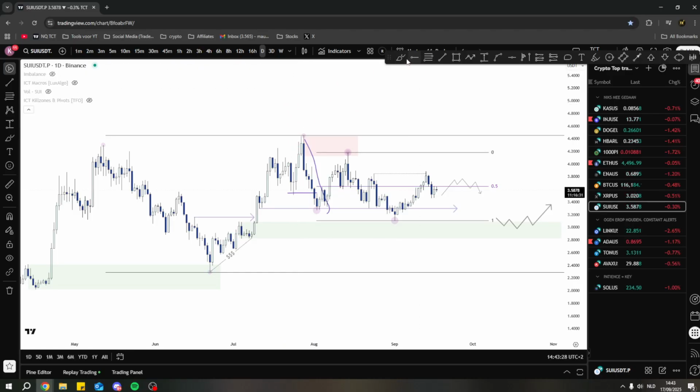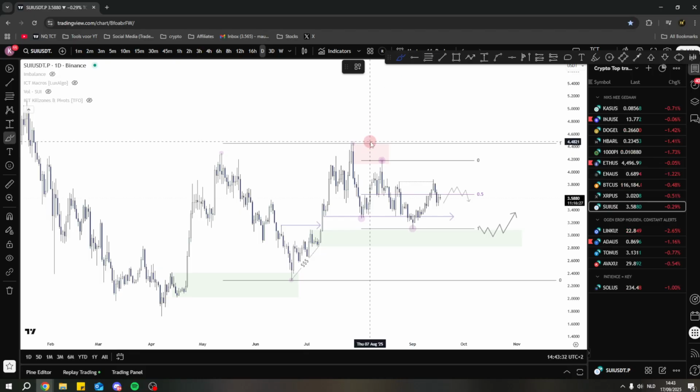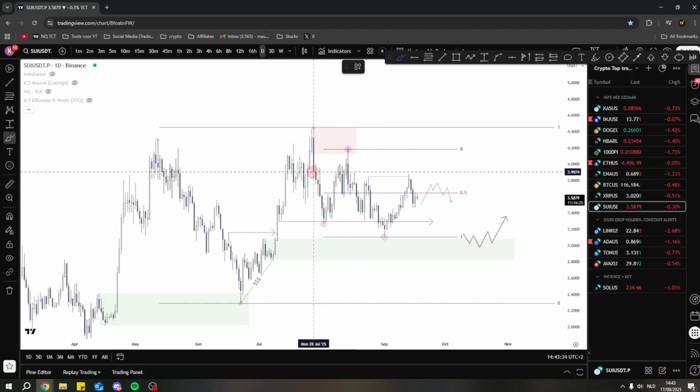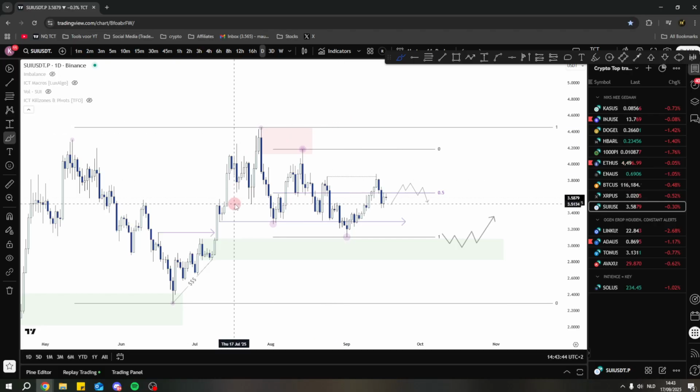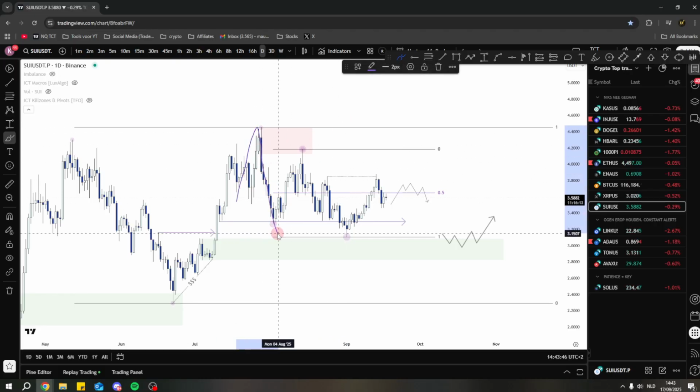We have made a new lower low. And knowing that, we can now expect a lower high, and after a lower high, new lower lows. Objective complete. In a downtrend, we draw our range from bottom to high.